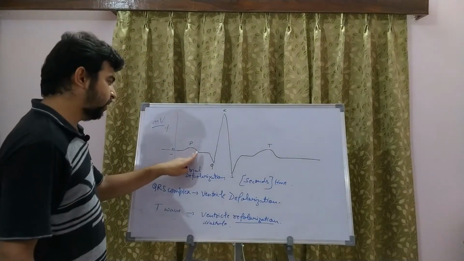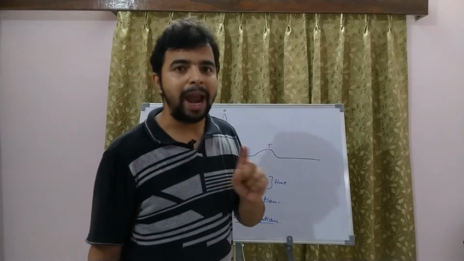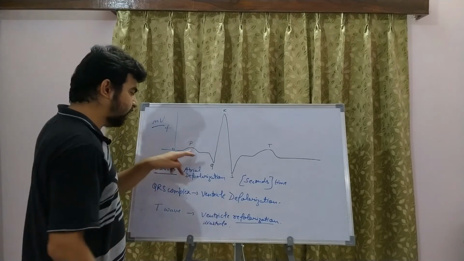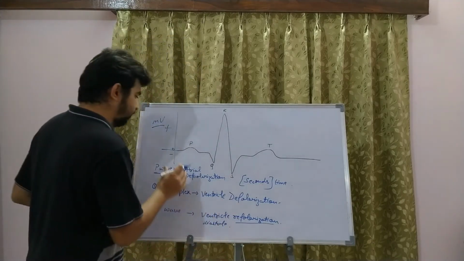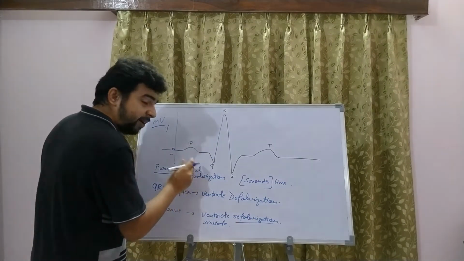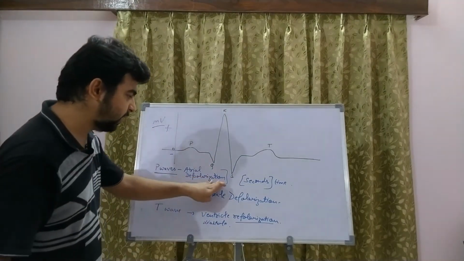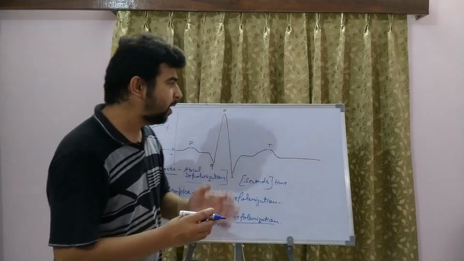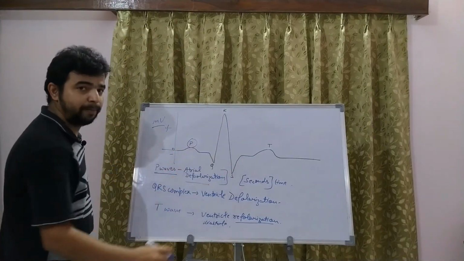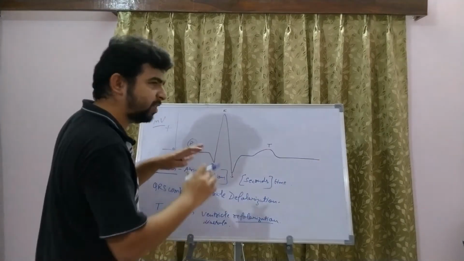The first electrical event, due to atrial contraction, is known as the P wave, designated by P. The first deflection which occurs due to atrial contraction is atrial depolarization, which is an electrical event, and this electrical event gives the signal by which this graph is formed. The first deflection is the P wave. P is just a labeling.